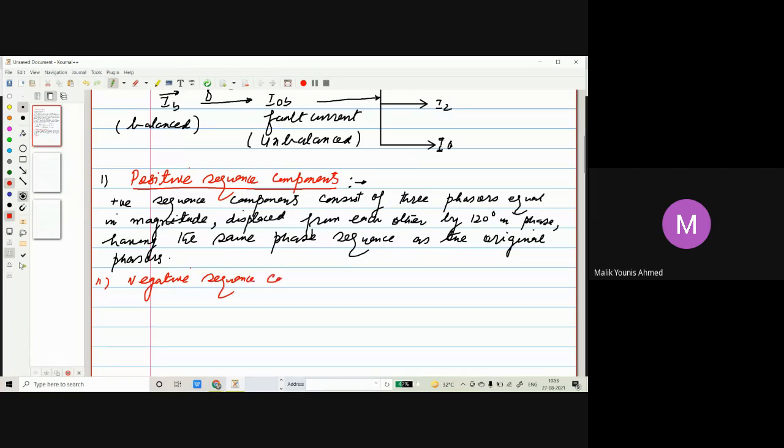Negative sequence components consist of three phasors.